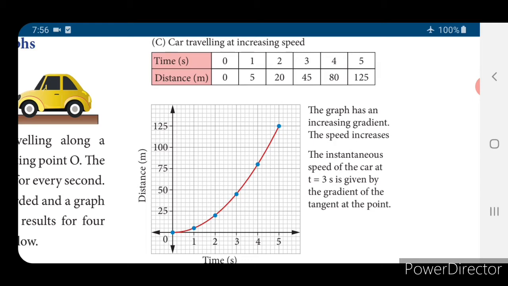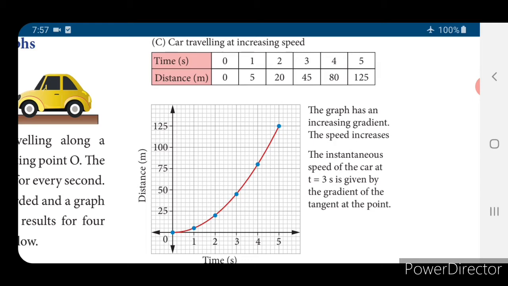After 3 seconds it covers 45 meter. After 4 seconds it covers 80 meter. After 5 seconds it covers 125 meter. That means at the initial point the car has low speed and gradually the speed is increasing. So we say that the car is traveling at increasing speed. So the graph has an increasing gradient.